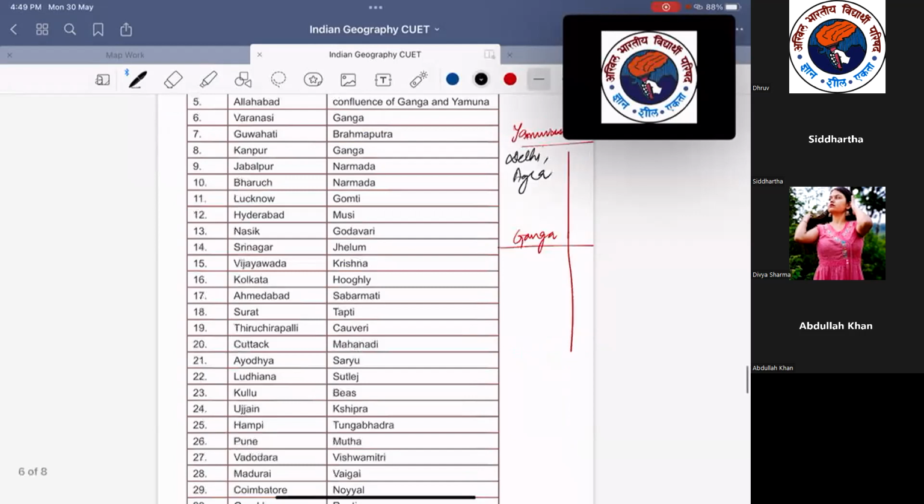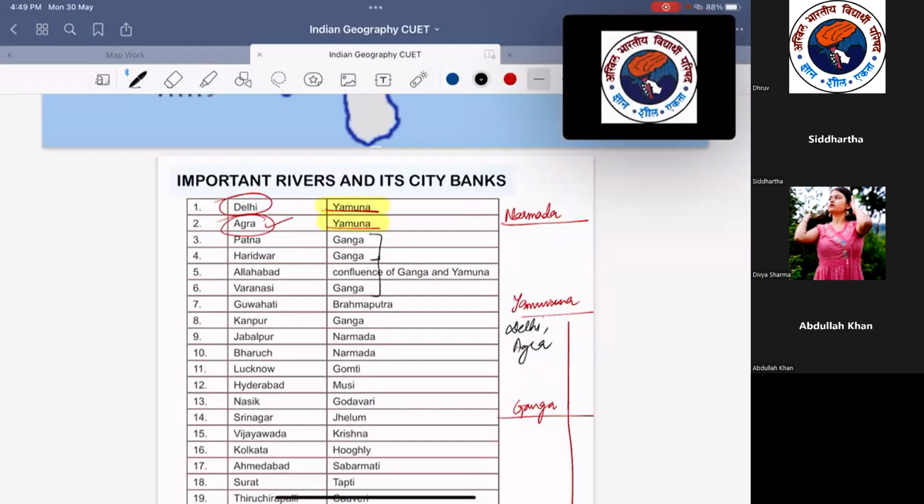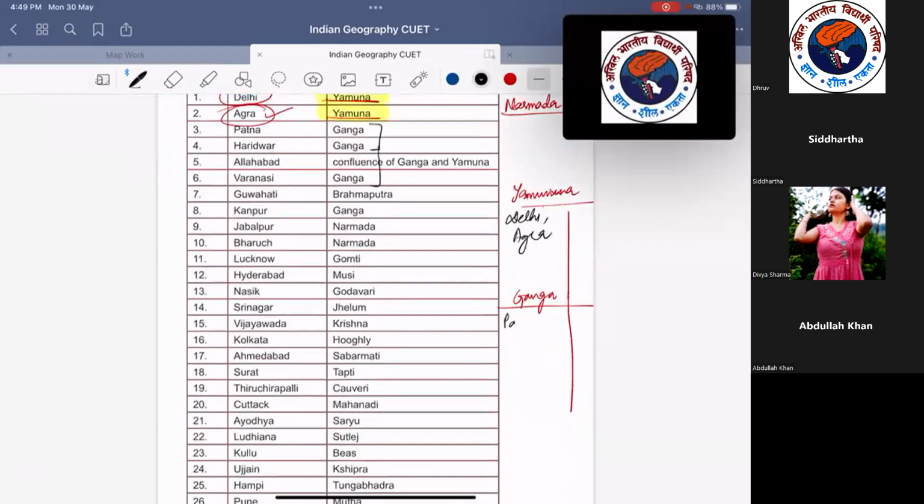Coming on to Ganga. Ganga is the largest river, so there are many states on its borders. Patna and Haridwar are the important cities situated on the bank of Ganga. In Allahabad you must be knowing about Prayagraj. Prayagraj is a place that has now been renamed.